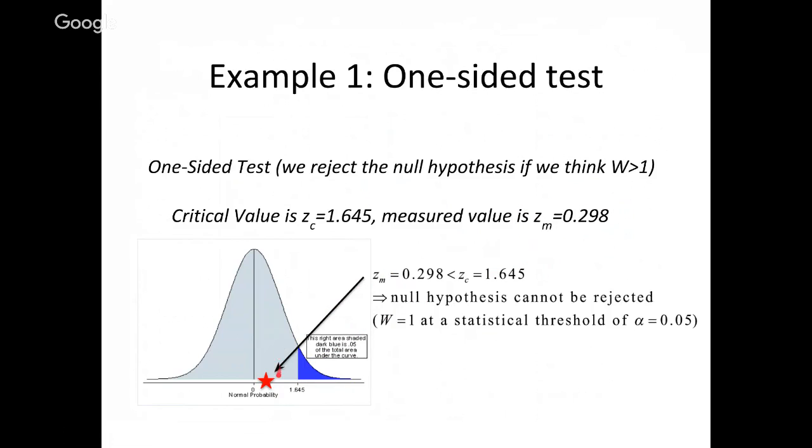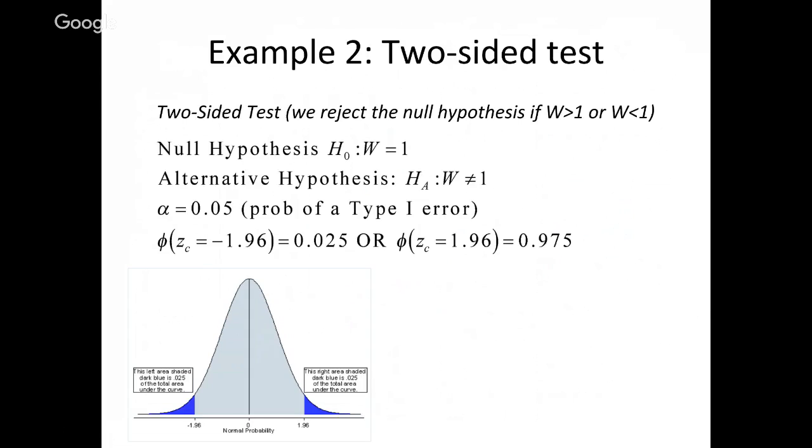The measured z equal to 0.298 is well within the acceptance range of our null hypothesis. And so we conclude that the null hypothesis cannot be rejected. What that implies is that he's correct, that W equals 1 at a statistical threshold of alpha equal to 0.05. So now we've just completed our first hypothesis test.